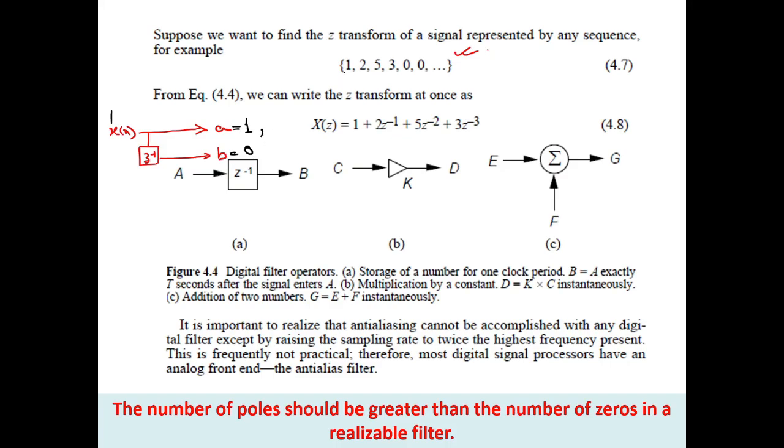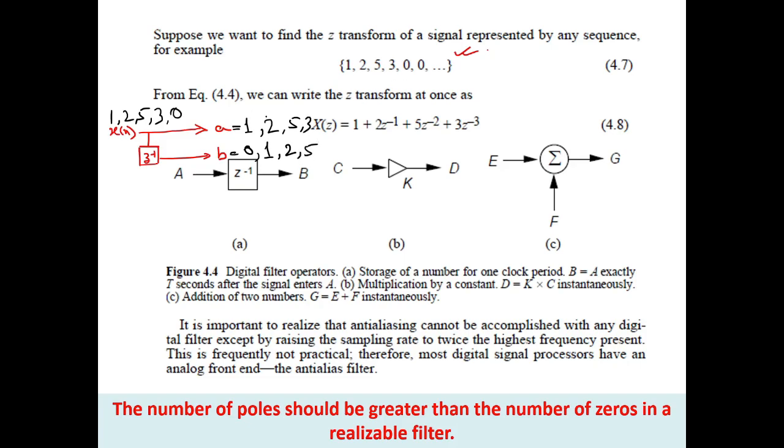In the second instance, what we have in the input is 2. Here also instantaneously it will come over here. What will happen over here? It is already holding 1 from the previous cycle, so we get 1. Next instance, we give 5 as the input. Here we will get 2. Then 3, and here 5.